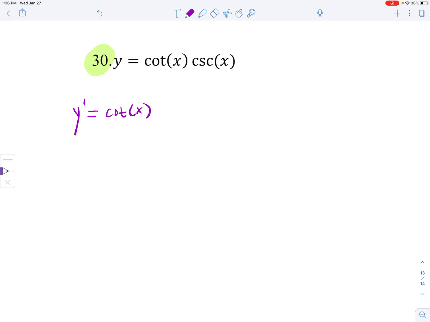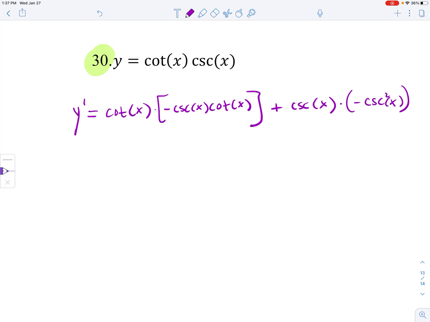Okay, and then for number 30, we again have a product. So thinking product rule, first factor times the derivative of the second factor would be negative cosecant cotangent plus the second factor times the derivative of the first, which would be negative cosecant squared.